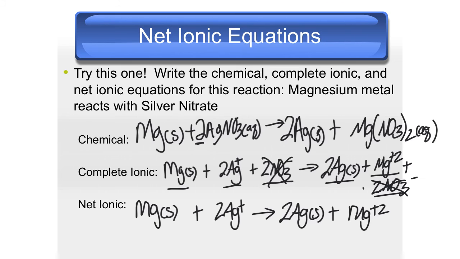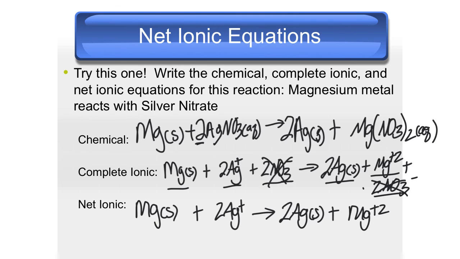For your homework then, or for practice, I added a practice quiz for complete and net ionic equations for you to work on. If you would like some more practice, what you could do is just take a couple of those double replacement reactions off of your practice sheet and see if you can write a complete for them, and then see if you can write a net ionic for them.